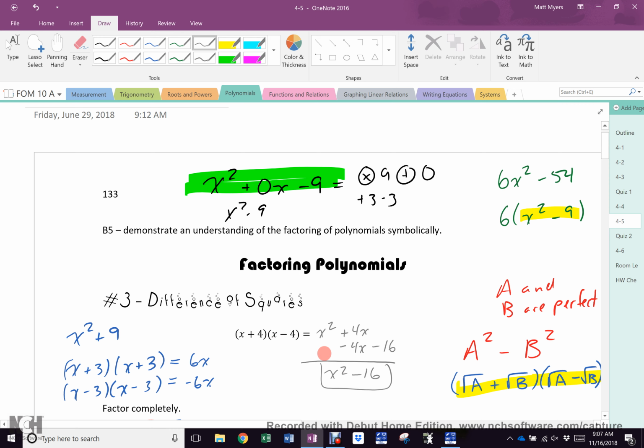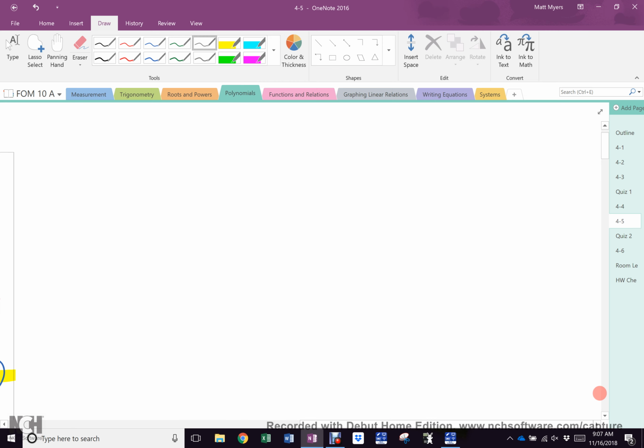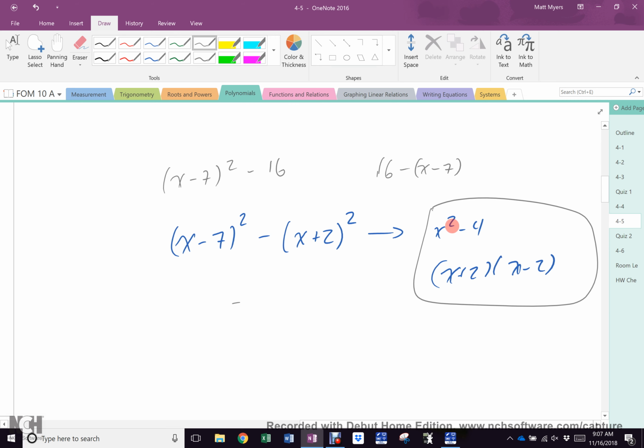X squared, if I take the square root of x squared, I get x and x. If I take the square root of 16, I get 4 and 4. Do you understand that? Okay. And we did that last day with a 0 in the middle to show you squared and 9. It was the same thing. Are you cool to there? Awesome. So that means you understand this side of things, yes?